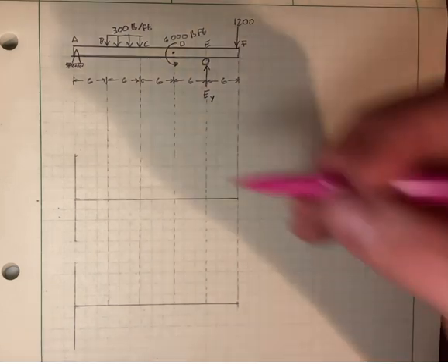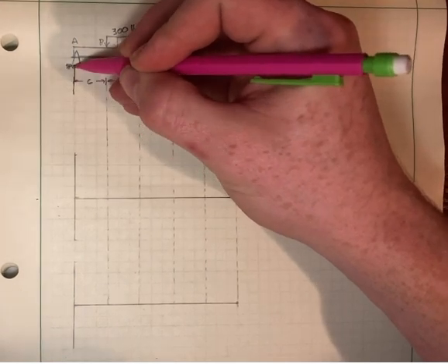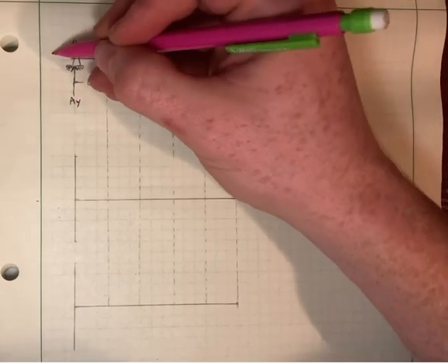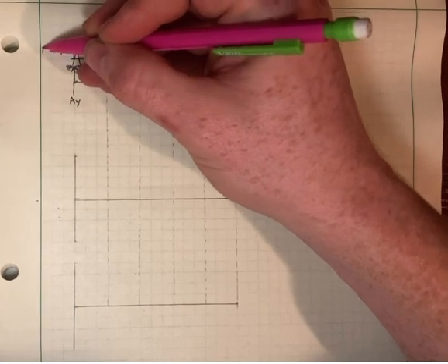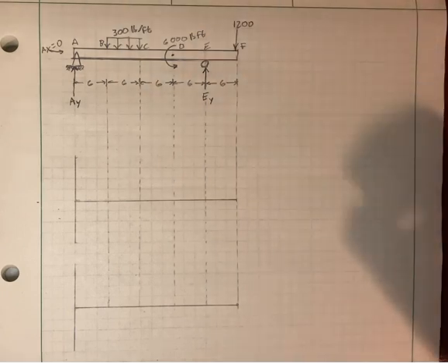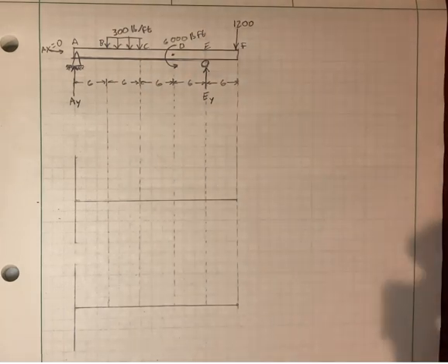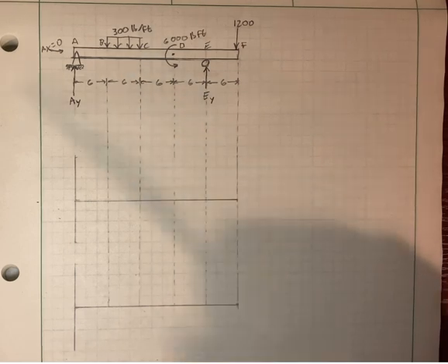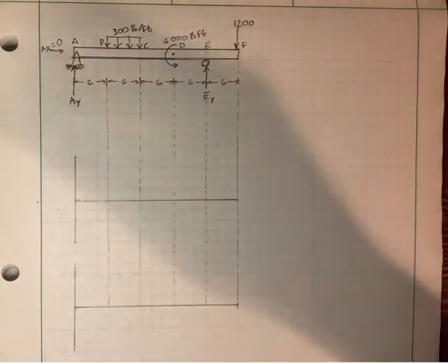So what else? AY, because we have a pin there. And again, we're gonna have an AX, but that equals 0 because I don't see another x-axis acting force on this thing, so we're gonna call that 0.